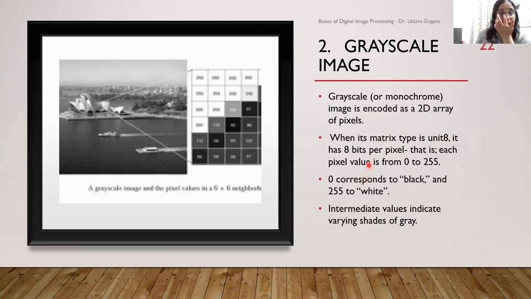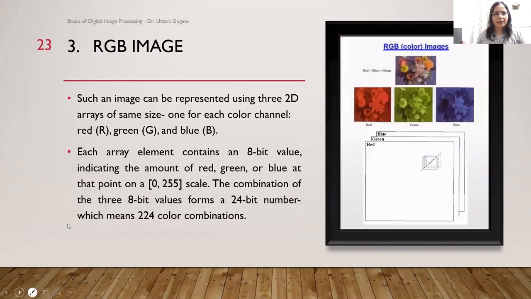Then you have 8 bits per pixel, so the grayscale is 0 to 255, which we have just discussed. 0 corresponds to black and 255, the highest grayscale, corresponds to white, and the remaining are combinations of black and white. The different values are given as per the quantity of black and white present, and they are the varying shades of gray.